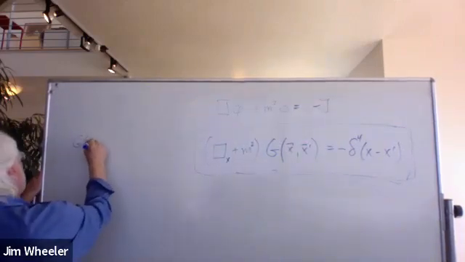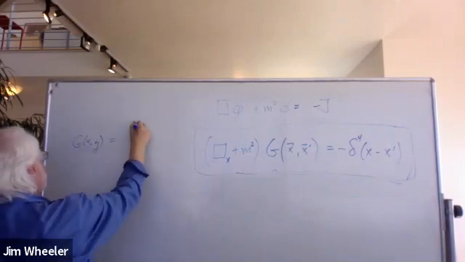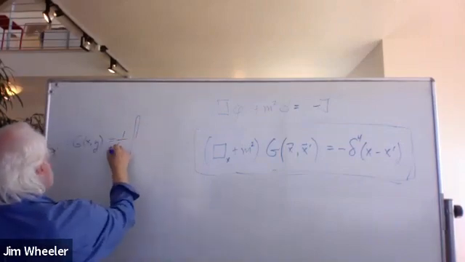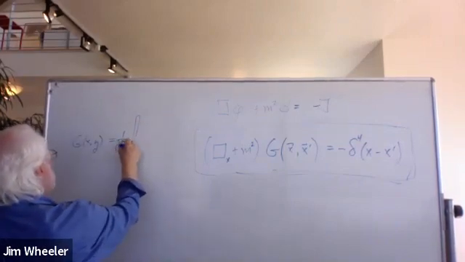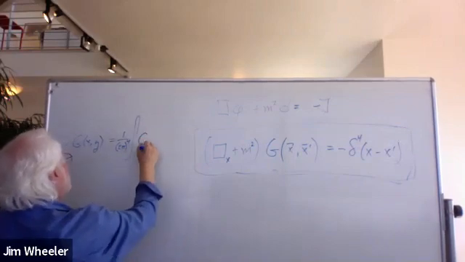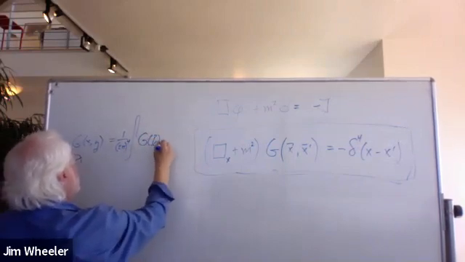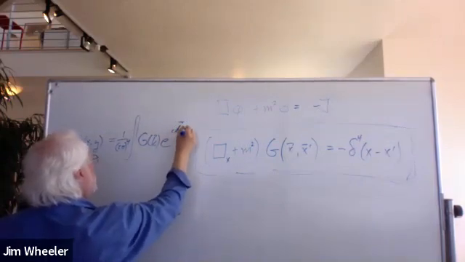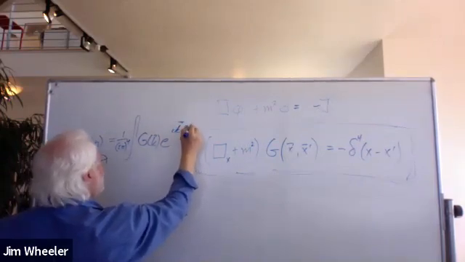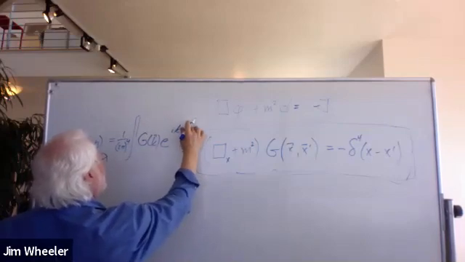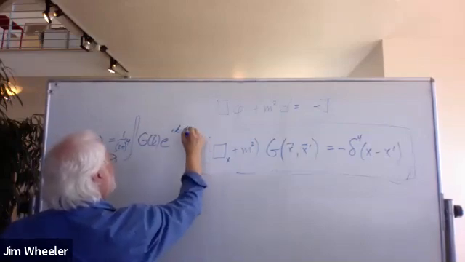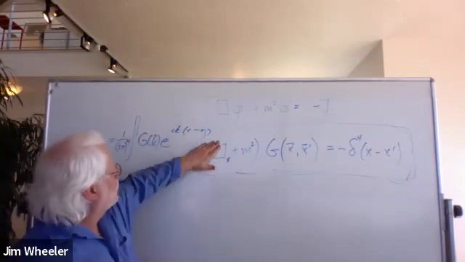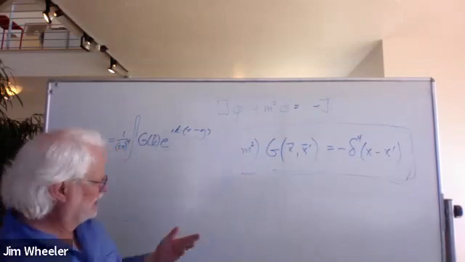So g of x and y is going to be a Fourier transform with the usual normalization. No, that's not the usual normalization, but let's go for it. Then we've got some g of k here, e to the i k dot x minus y. Sorry, x minus y. All right, four-dimensional dot product.